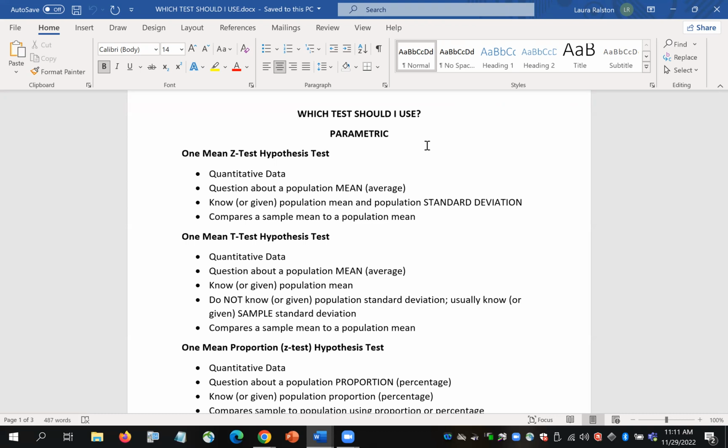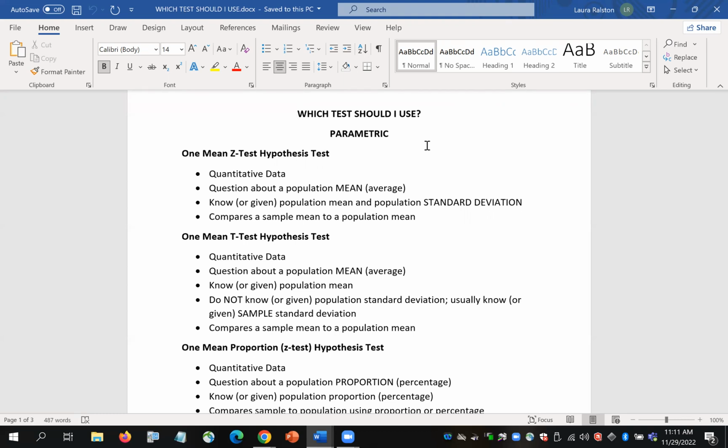We talked about both parametric and non-parametric, and so you're going to have to make a decision based on reading the problem which scenario you have. Do you do a one mean z, a one mean t? Is it a one proportion, two proportion? Is it a chi-square?